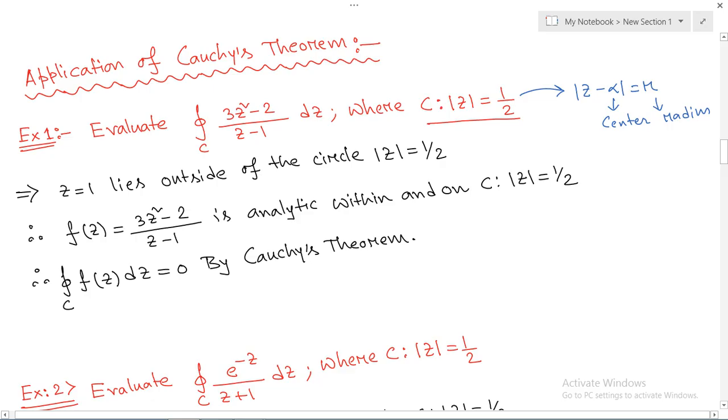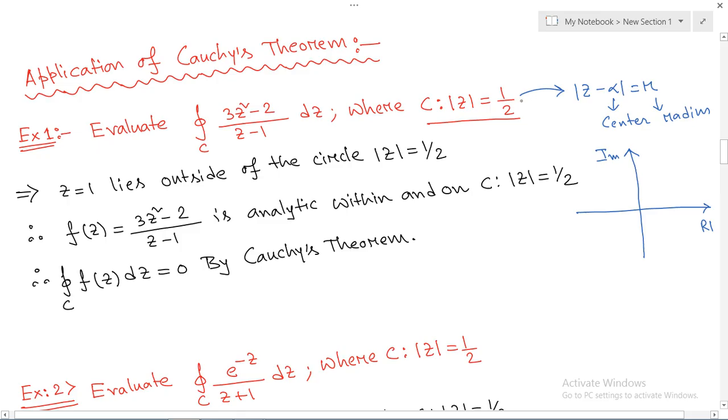Now whenever you are having this type of problem, your first task is to draw this circle. So let us try to draw the circle. This is our real and imaginary axis. Now we are having mod z equals 1 by 2. If we match this form with the general form, we will understand that alpha equals 0 here and radius equals 1 by 2.